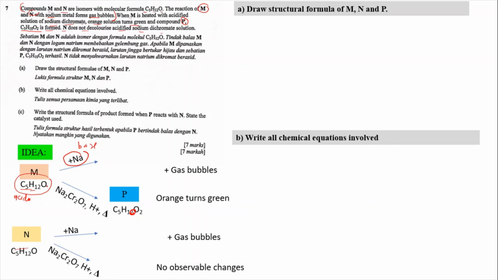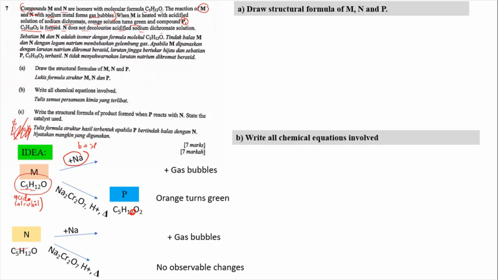But this is not a carboxylic acid because there is only one oxygen here, so the most logical one is alcohol. Carboxylic acid must have two oxygens, so it cannot be a carboxylic acid.